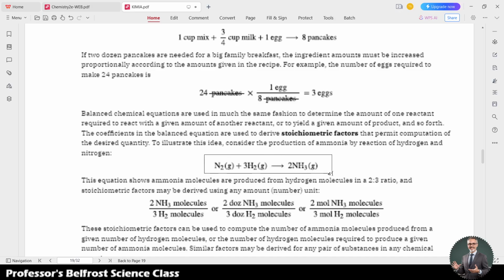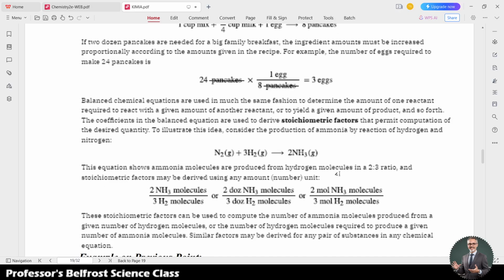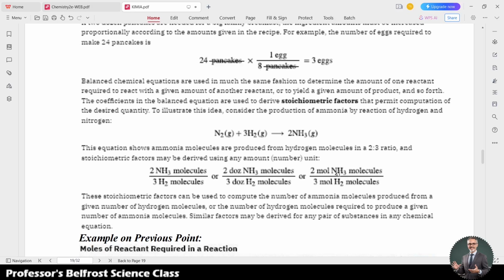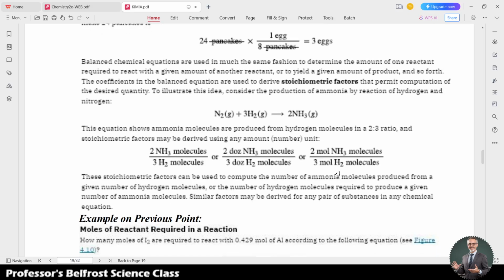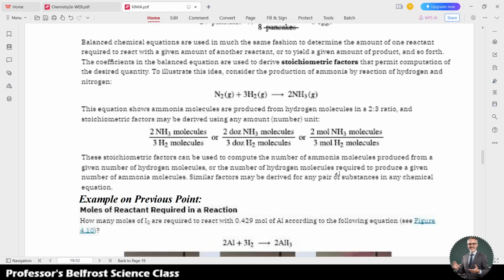For example, we have nitrogen gas plus three hydrogen gas reacts to make two molecules of ammonia gas. This equation shows that ammonia molecules are produced from hydrogen molecules in a 2:3 ratio, and the stoichiometric factor may be derived using any amount.